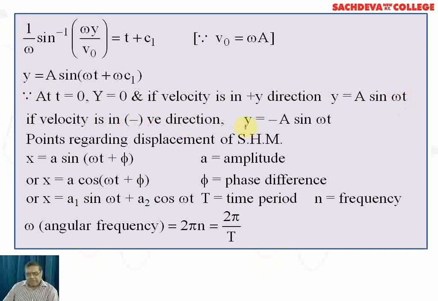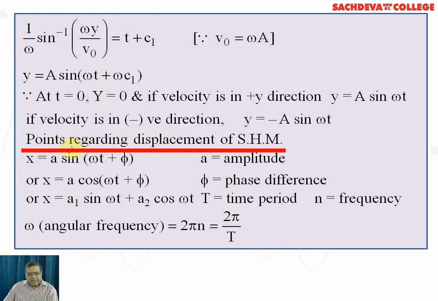So the displacement will be negative or positive depending upon the situation shown here. But y is a displacement, and displacement is a vector. So if we take the modulus, the function will become y is equal to a sine omega t.